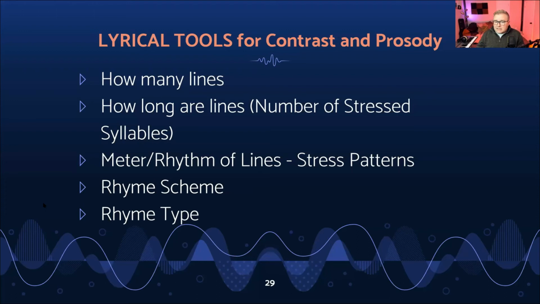And then the least stable rhyme is consonant rhyme, where your vowel is different, but the consonant on the end is the same. Let me think of one. So it'd be friend and wind.